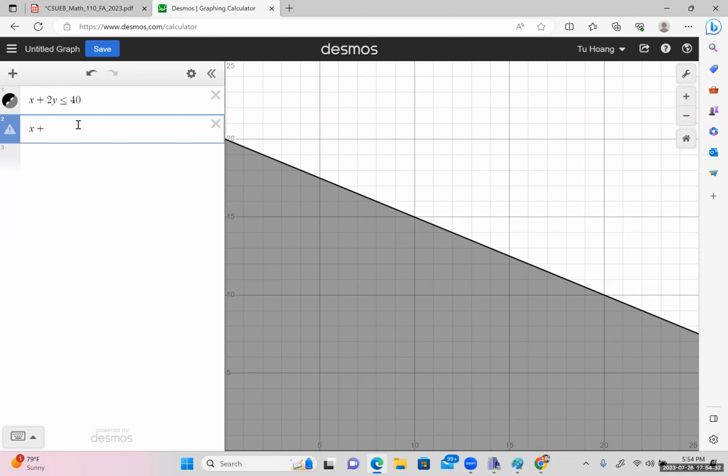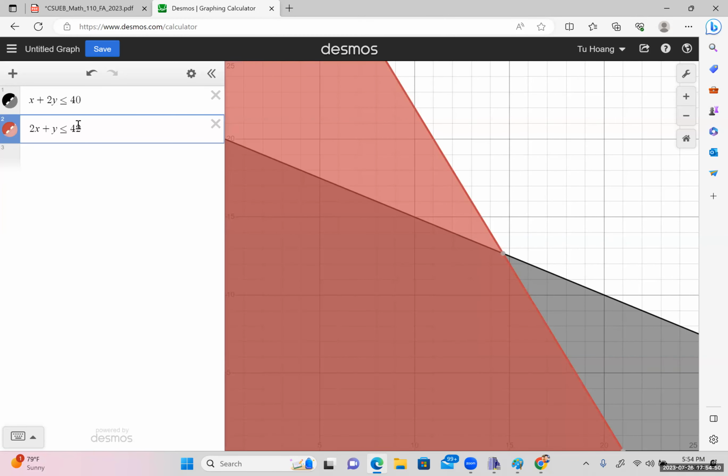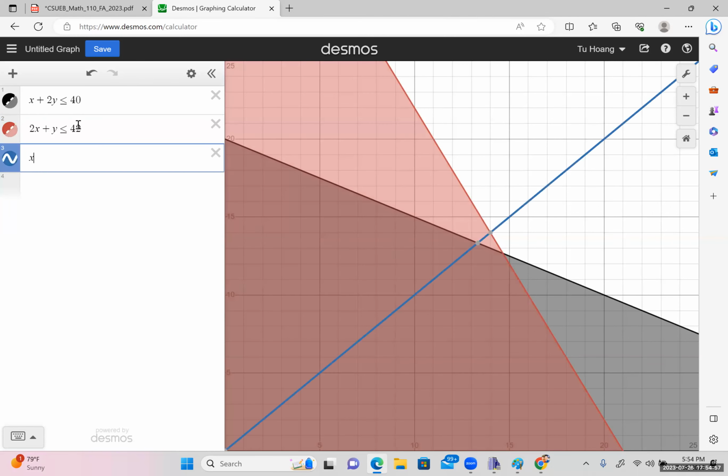Then 2X plus Y less than or equal to 42. The next one is X plus Y less than or equal to 25.